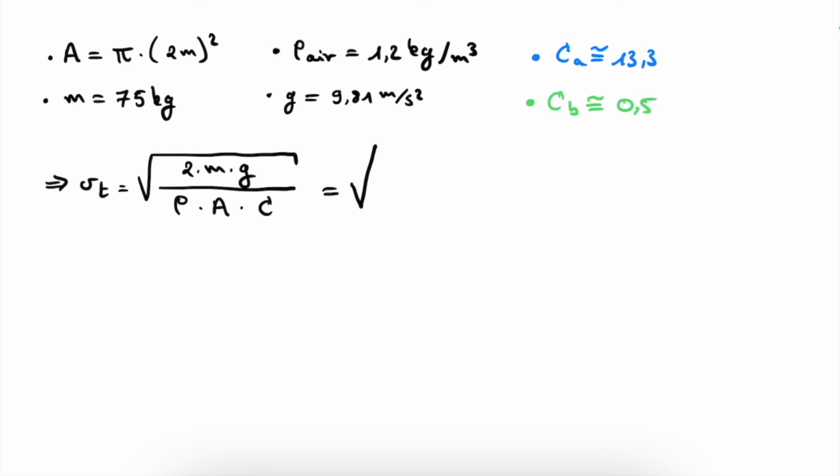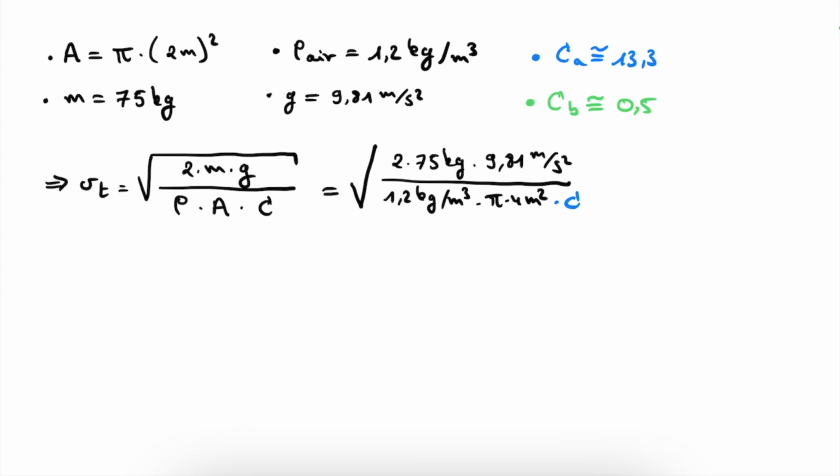So the mass, the area, the density and the gravitational constant. So we get 2 multiplied by 75 kilograms multiplied by 9.81 meters per second squared divided by the density of air, so 1.2 kilogram per cubic meter, multiplied by pi times 4 meters squared, which is the area, multiplied by c. And it's of course this c that will be different.